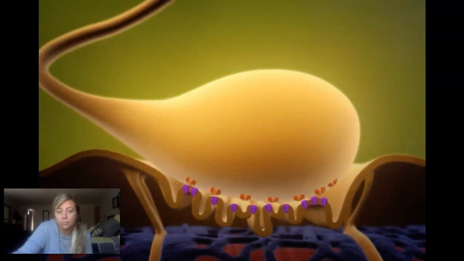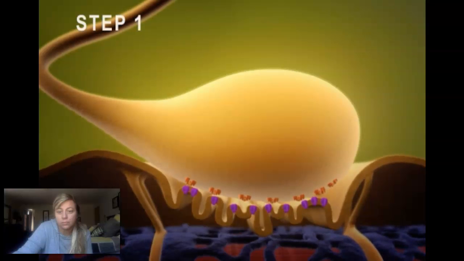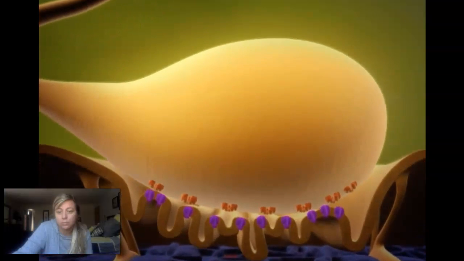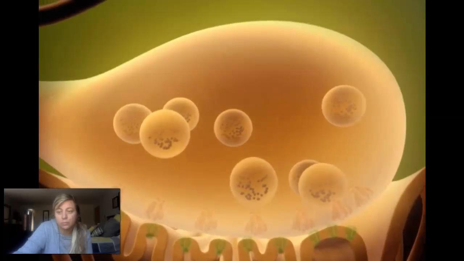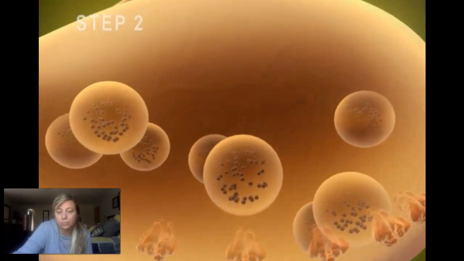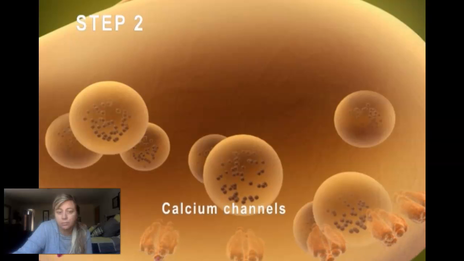The events at the neuromuscular junction occur in 7 coordinated steps. Step 1. An action potential travels the length of the axon of a motor neuron to an axon terminal. Step 2. Voltage-gated calcium channels open, and calcium ions diffuse into the terminal.